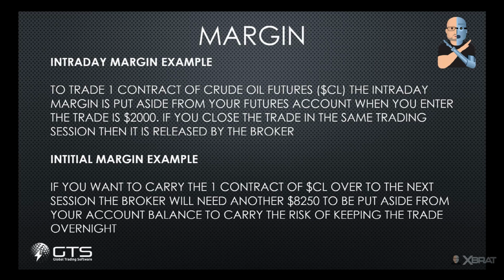Unless you've got over $10,000 in your account, you are not going to be able to do that. And this is that no fluff side of futures trading. But there is light at the end of the tunnel, and we'll come on to that. But to trade one contract of oil and carry it overnight, it's another $8,250. That's that initial margin.